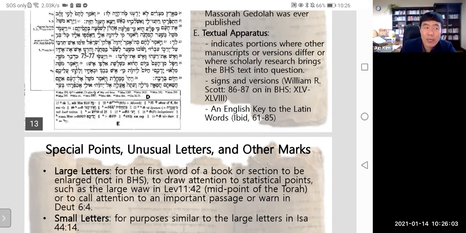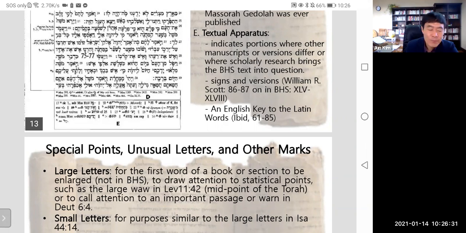Whenever they dealt with a different word choice from what they are using, they wanted to include that information. Okay, the Septuagint and the Samaritan Pentateuch or Targum, those versions and manuscripts have different word choices than what they normally included.